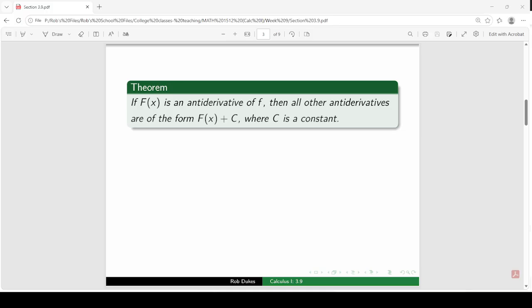And if we rearrange that and we plug in, say, x instead of b, we would say then F of x minus G of x is equal to this thing, which is a constant. So when we subtract big F and big G, we get a constant. And since all we knew was that they're both antiderivatives, that must mean that's always true. If you subtract them, you always get a constant.